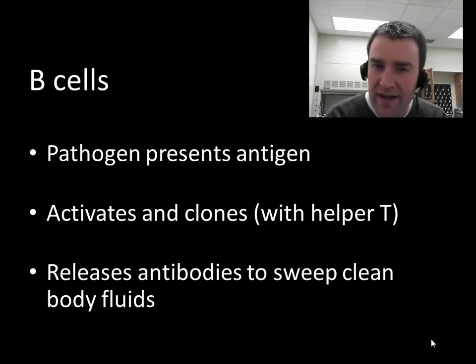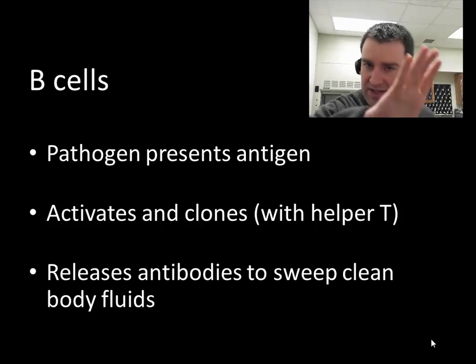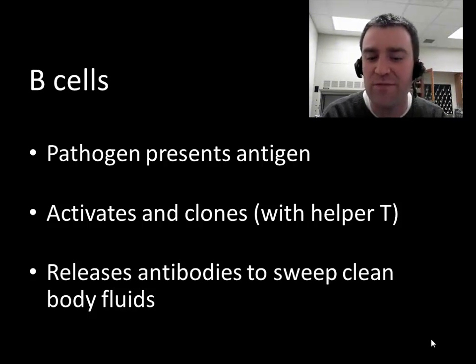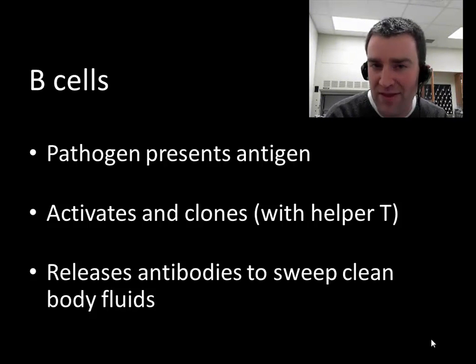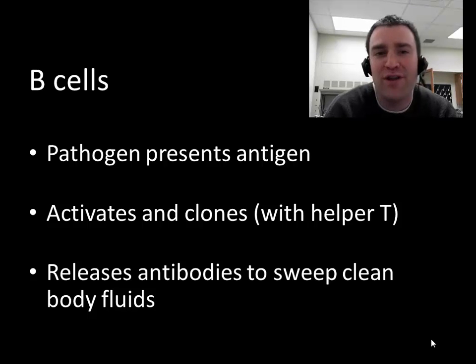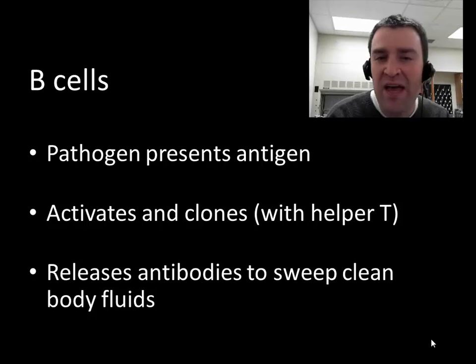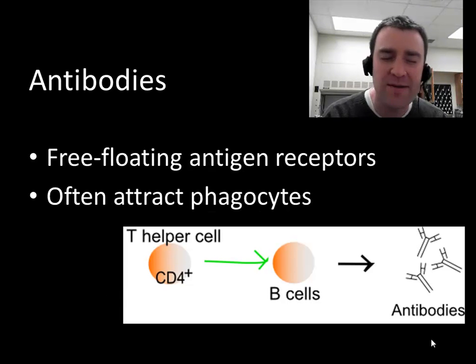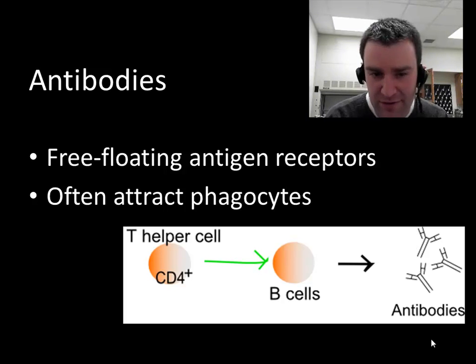And the point of the antibodies is really just to go around the bloodstream as the heart pumps blood around the body, and they're just going to find any of the pathogen that's free-floating around the body cells, in the blood or in the lymph. And by binding to those pathogens, antibodies can do a variety of different things that eventually help clear the pathogen out of the body fluids.